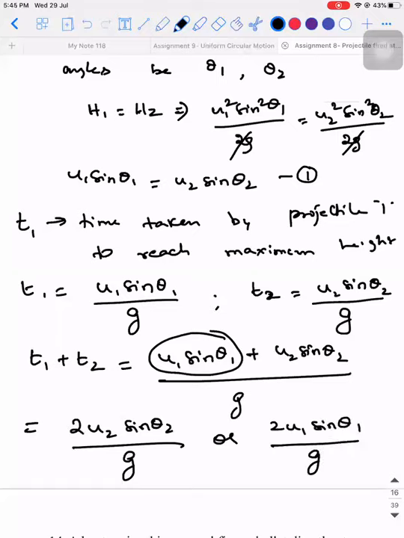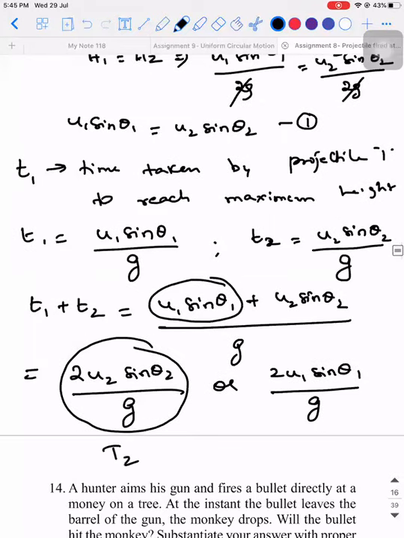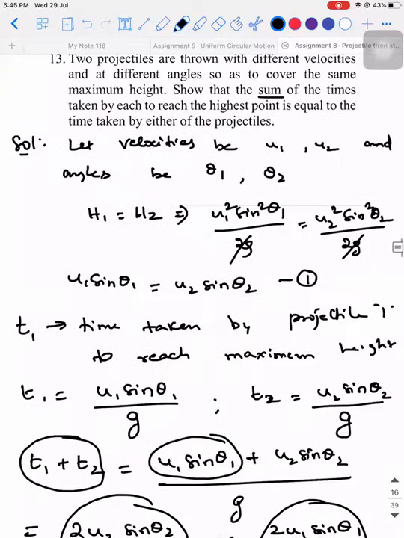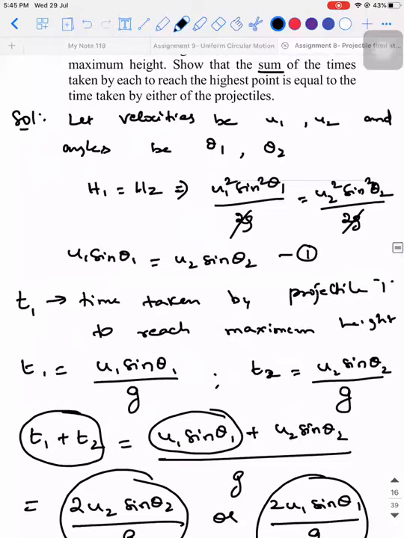What is 2u2 sine theta 2 divided by g? This is the time of flight of the second particle. This one will be the time of flight of the first particle. So these two values are nothing but the sum of the times taken by them to reach the maximum height. Is this clear? Yes, sir.